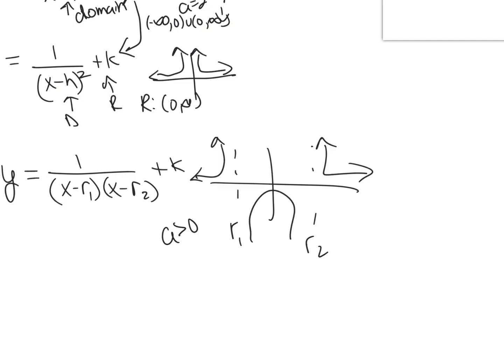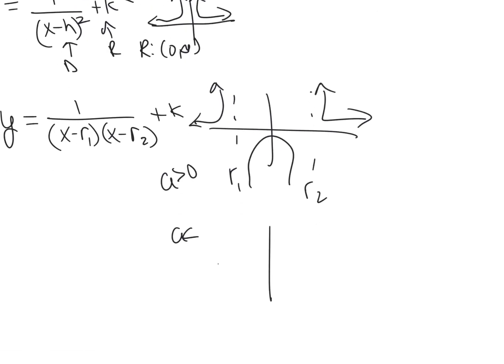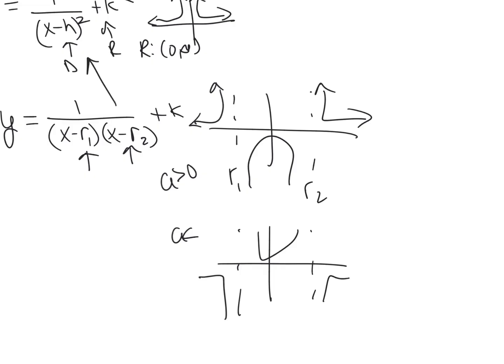And then this would be down there. If a were less than 0, then you would be talking about having both these branches down here, and this one would be up here. If the r values were the same, y'all had that happen yesterday, it ended up being x minus 3 squared, that reverted back to this one, where there's only one asymptote.